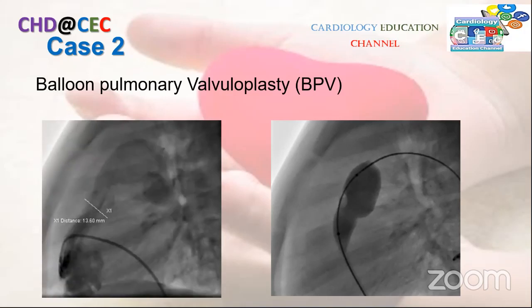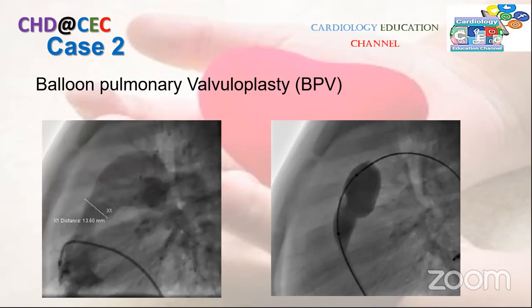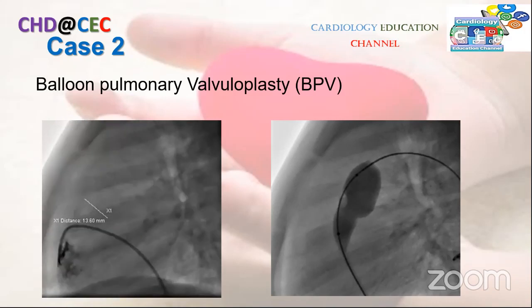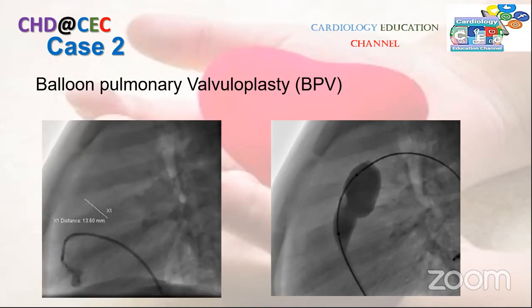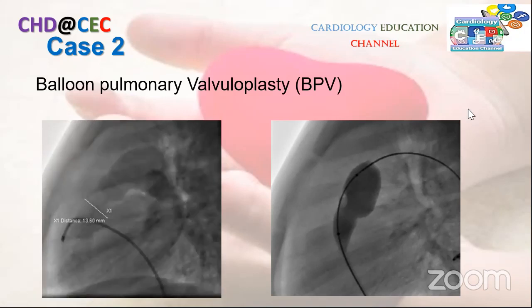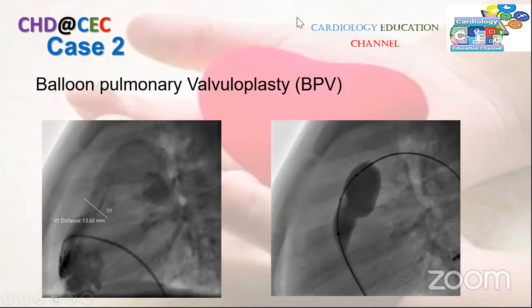For example, if you have a pressure gradient of 120 millimeter mercury, you don't need to get an RV pressure gradient of 30 millimeter mercury at the end of the procedure, because definitely if you get this, you will have, at the expense, a significant pulmonary regurgitation. But a drop of the pressure gradient from 120 to 50 millimeter mercury is a success.